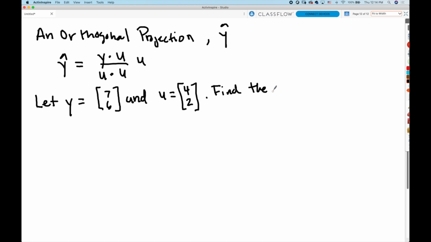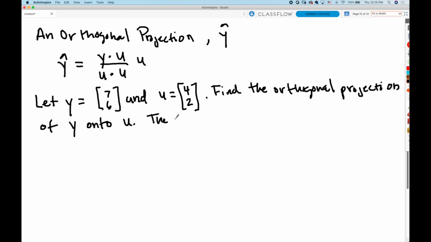Find the orthogonal projection of y onto u. Then let's write y as the sum of two orthogonal vectors.